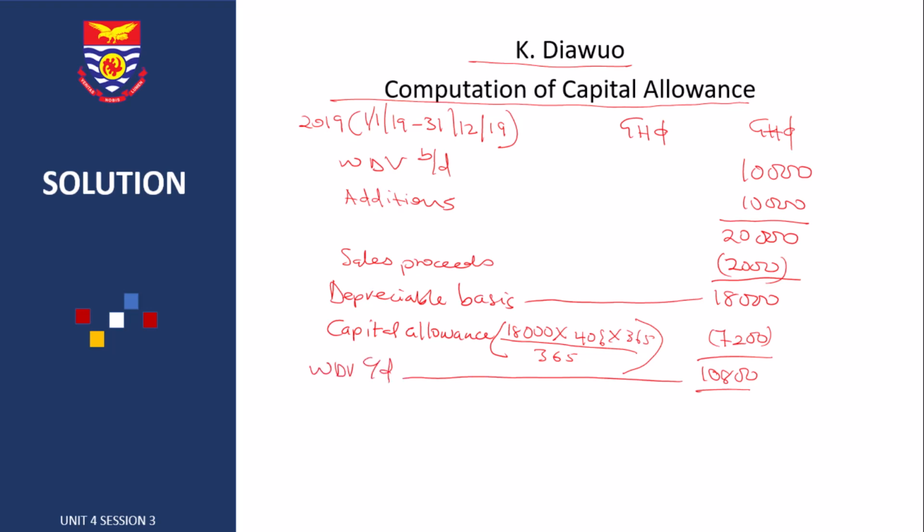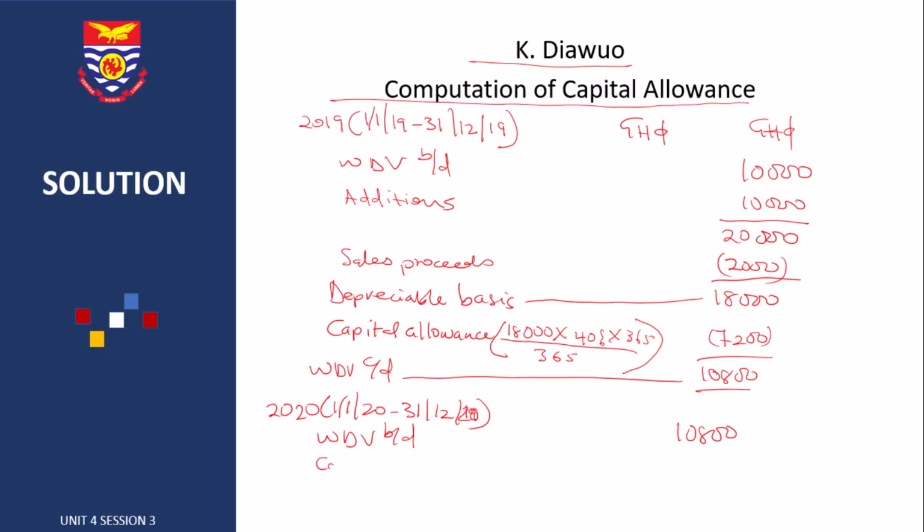Then we do for 2020. We have our year of assessment and our basis period. So we have our written down value brought down, which is 10,800. We had no additions in 2020. We had no sales in 2020. So our written down value becomes the same as our depreciable basis.